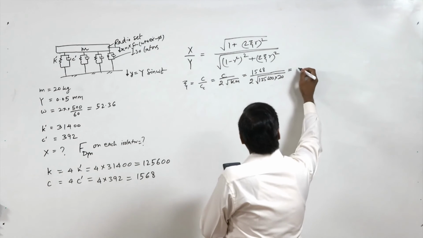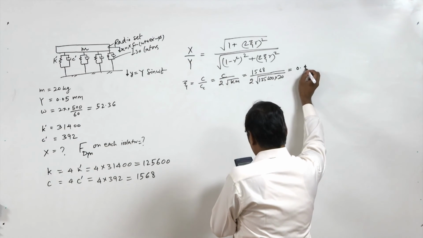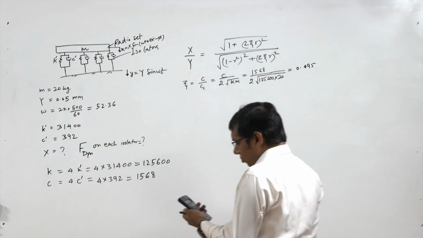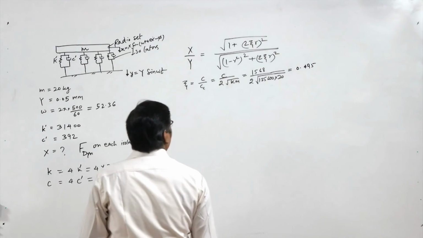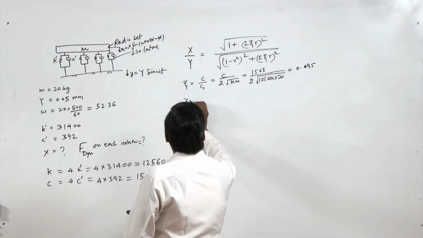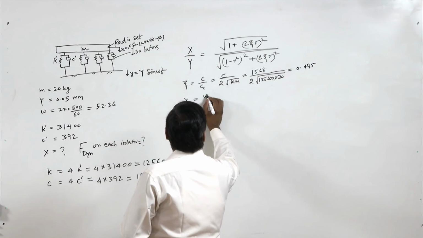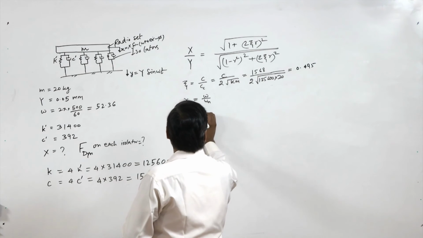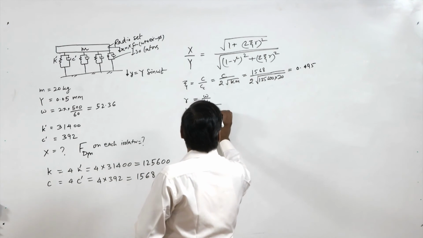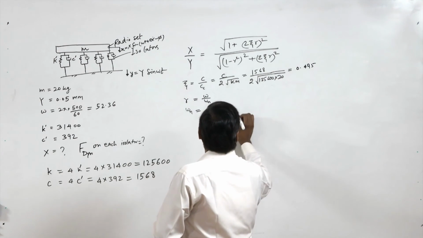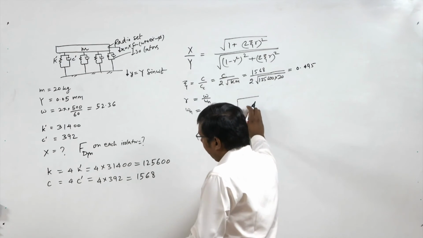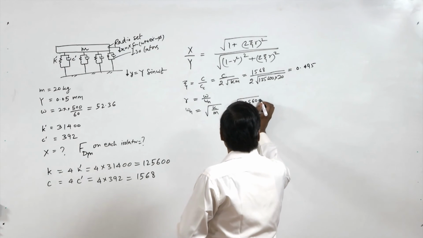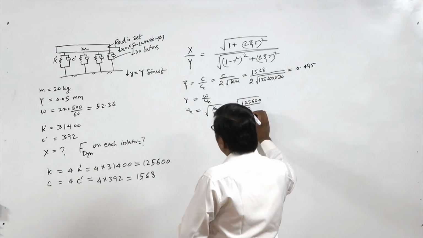So we find zeta is 0.495. Okay, so we have this damping factor. Now we have to find r equal to omega by omega n. And what is omega n? So omega n is root of k by m. So root of 125,600 by 20.